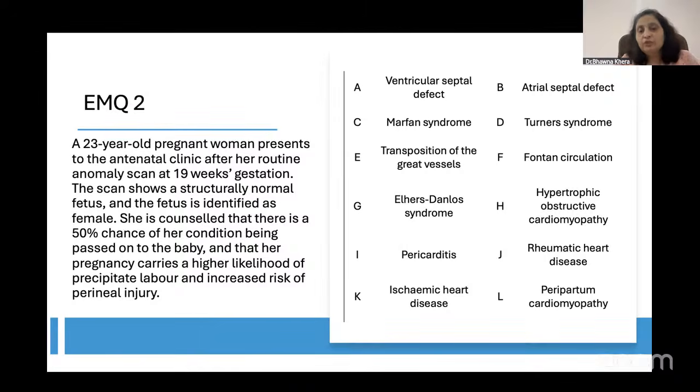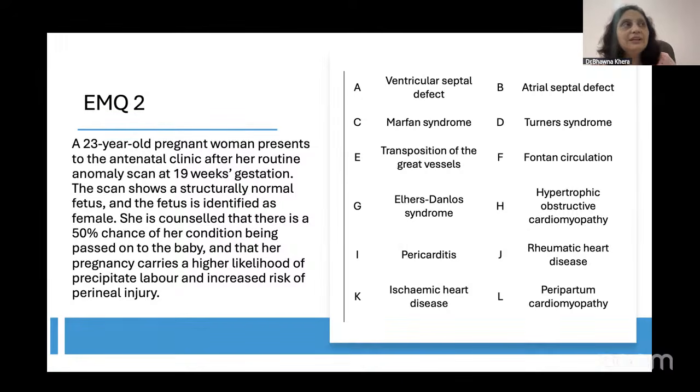Okay, so what are the features here that we are trying to look at? One feature is that the scan shows a structurally normal fetus, so there is no congenital anomaly as such, but there is a 50% chance the baby will have this condition. And what are the problems in the mother? She has a higher likelihood of precipitate labor and an increased risk of perineal injury.